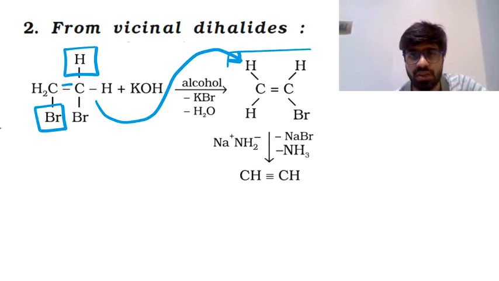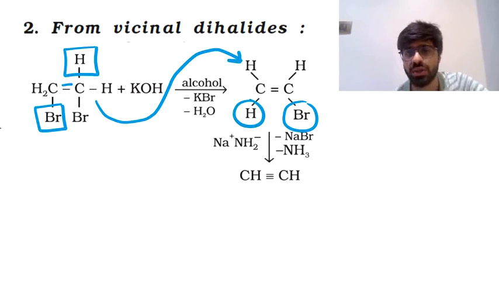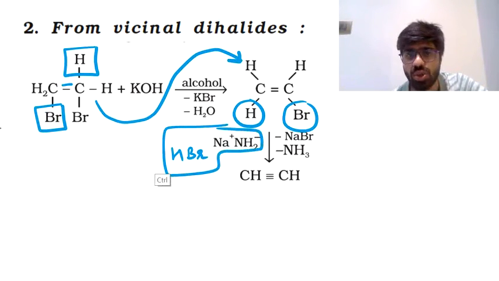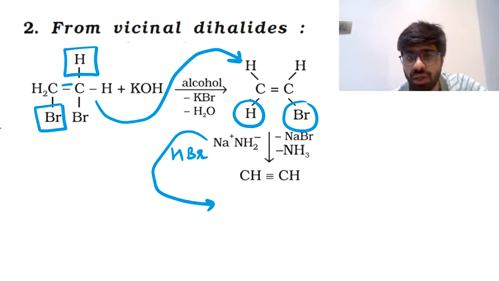So you are making this compound further react with NaNH2, which is a base stronger than alcoholic KOH. So dehydrohalogenation takes place again, that is this bromine goes away with the hydrogen here. So HBr comes out, that HBr will react with NaNH2, and the two are going to form NaBr plus NH3 as an additional product.